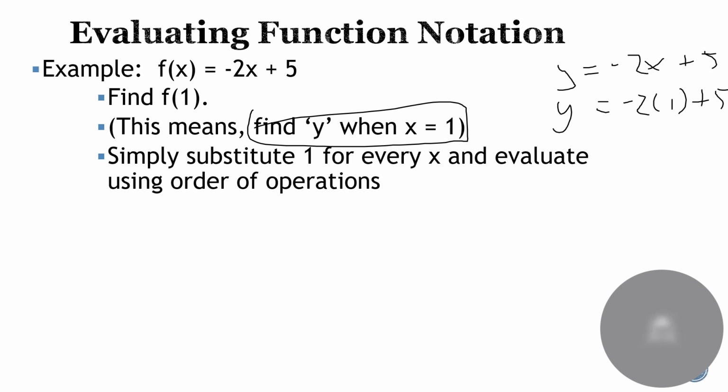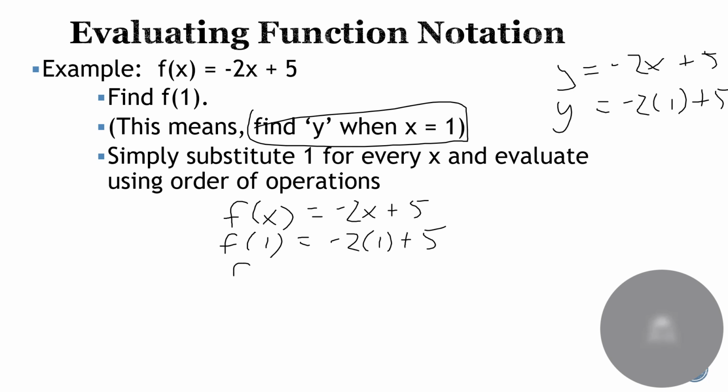So instead of doing what I did on the right, you would probably do it this way. You would write f of x is equal to negative 2x plus 5. And then if you are asked for f of 1, you would plug in a 1 everywhere you have an x. And then you are simply evaluating. Negative 2 times 1 is negative 2, and then negative 2 plus 5 is positive 3.